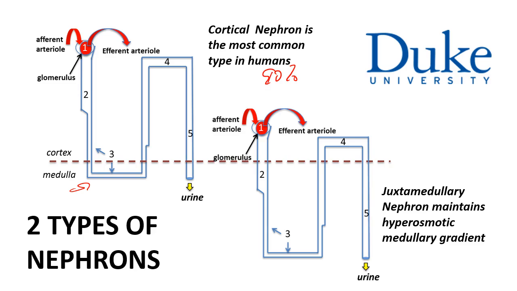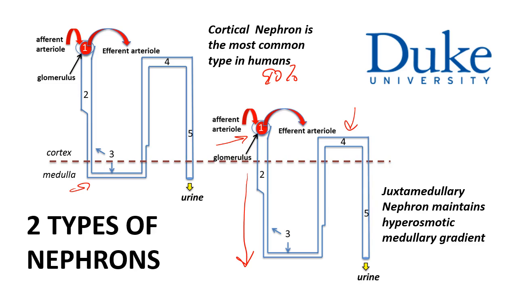The second type of nephron is called the juxtamedullary nephron. This nephron is located within both regions, so that in the beginning we have our glomerulus, Bowman's capsule, and proximal convoluted tubule within the cortex, but the tubules predominantly descend deep into the medulla and then return back to the cortex for the distal convoluted tubule, and then, of course, drain into the collecting duct.